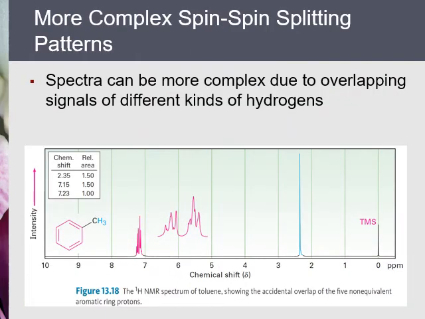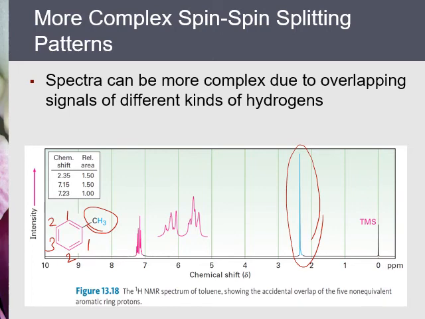Aromatic molecules sometimes give you complex spin-spin splitting patterns. For example, in this toluene molecule, the methyl group has an absorption peak at about 2.3. The benzene ring has 3 types of hydrogens, 1, 2, 3, and due to the symmetry, this is also number 1 and 2, so only 3 types of hydrogens.